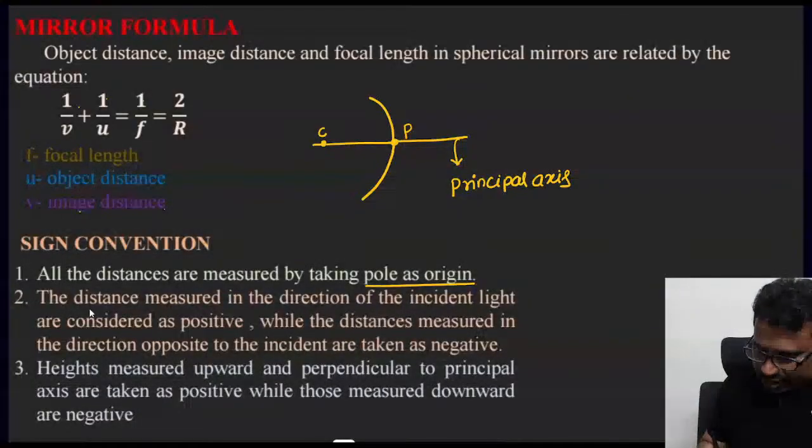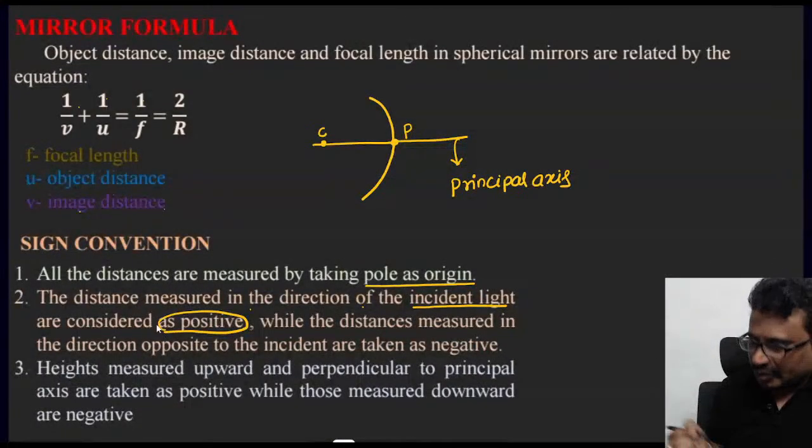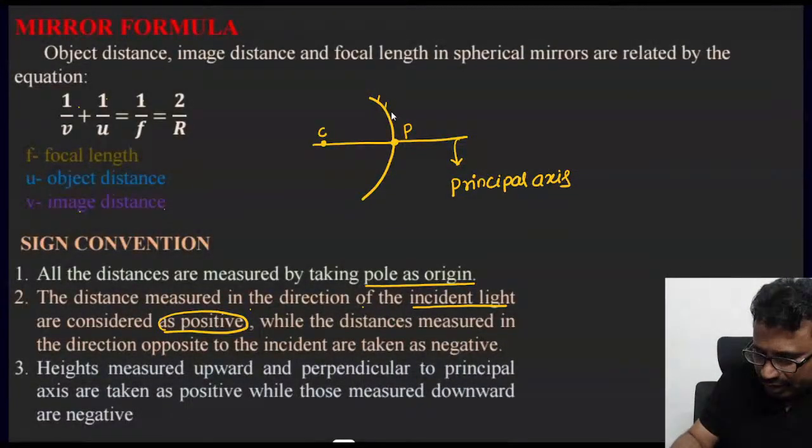The distances measured in the direction of incident light are taken as positive. For example, here we have taken a concave mirror like this. Let us consider there is some object lying somewhere here.